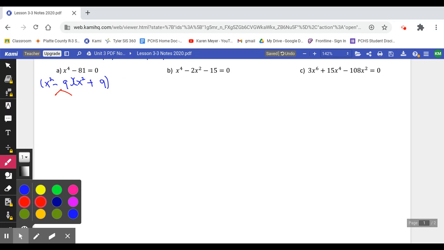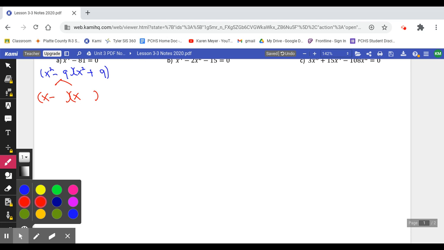So this first parentheses, I'm going to break it down again. What times what gives me x squared? And that would be x and x. 1 minus 1 plus. And then what times what gives me 9? And that would be 3 and 3.